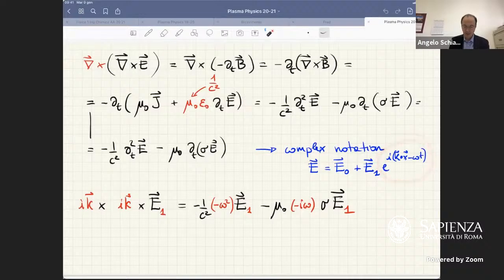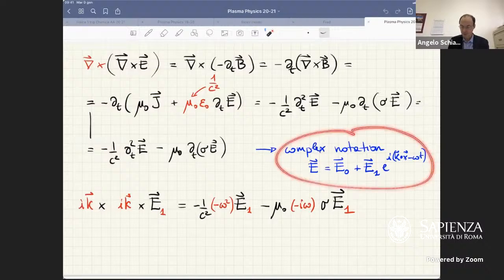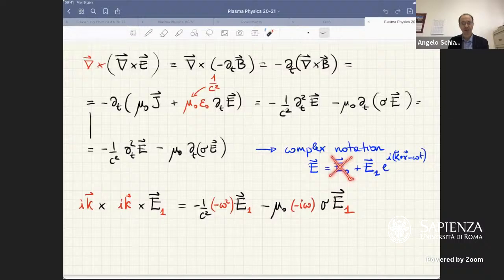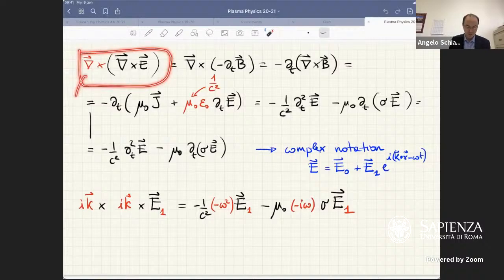And we are still in 3D space for this case. And what we do, we linearize at the same time. So we switch to complex notation, as you can see here, and we drop the equilibrium state, and we focus only on the perturbation. So we translated this into complex notation.